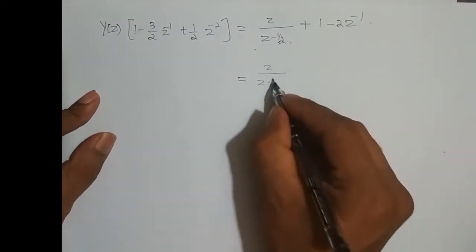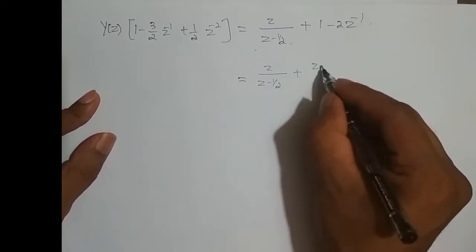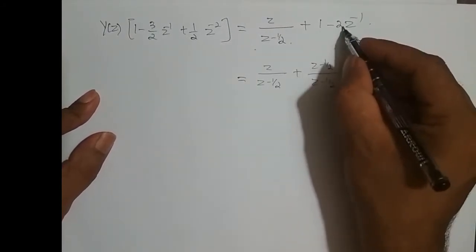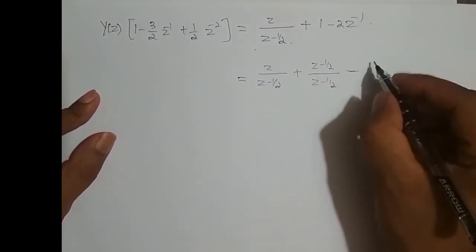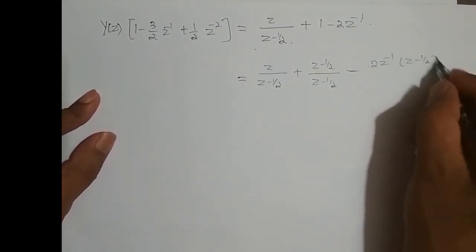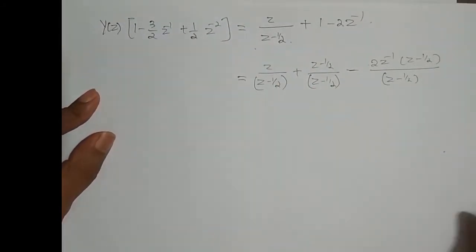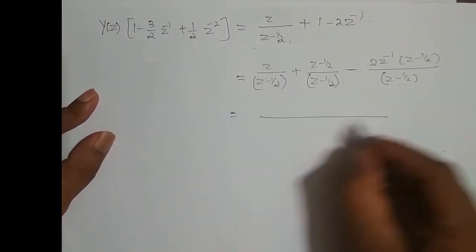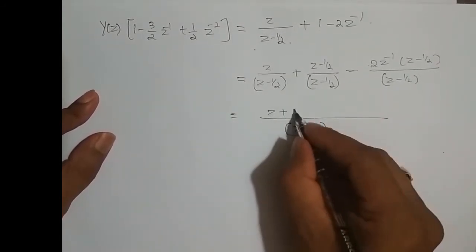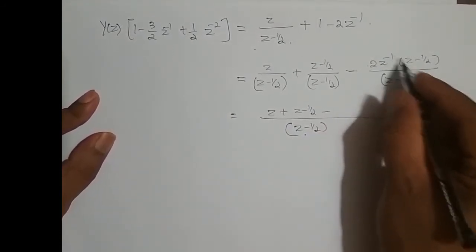Z divided by z minus 1 by 2 plus, so I'll multiply numerator and denominator with z minus 1 by 2, divided by z minus 1 by 2, minus, here also I'll multiply numerator and denominator by z minus 1 by 2, so it is 2 z power minus 1 into z minus 1 by 2, divided by z minus 1 by 2. Just to take the common denominator, I am multiplying this. So this becomes z minus 1 by 2 as the common denominator, z plus z minus 1 by 2 minus 2 z power minus 1 into z.